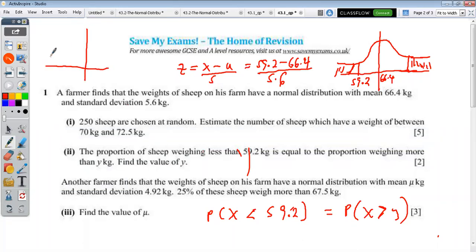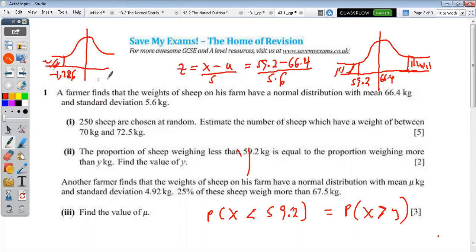Now it should give you the answer to 3 decimal places. That's what we said. So negative 1.286.